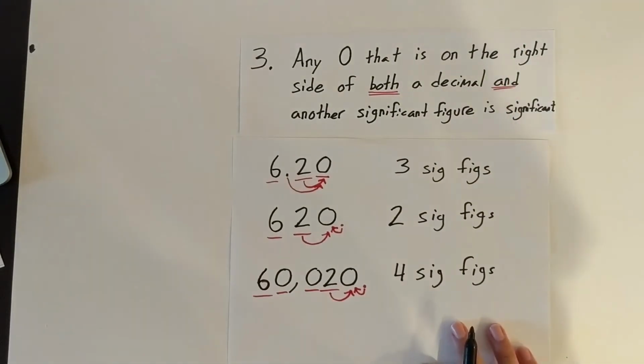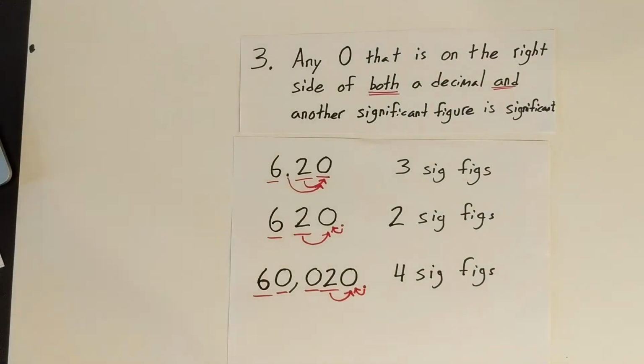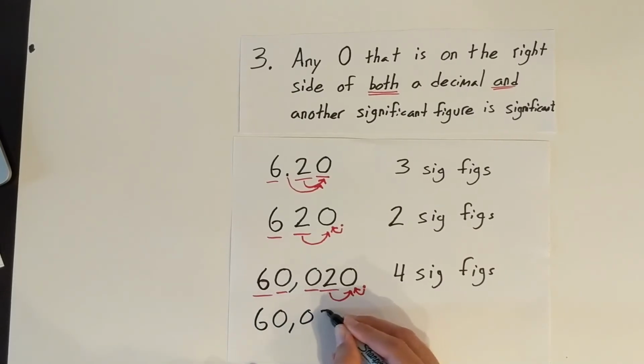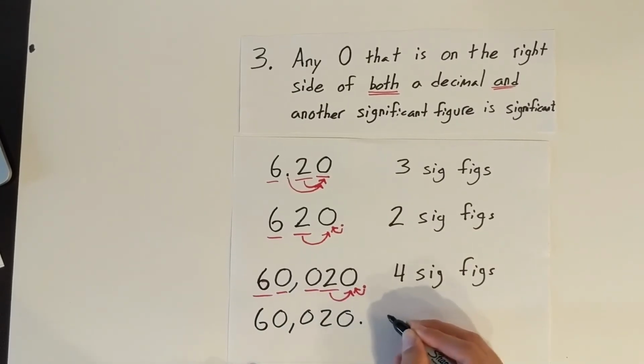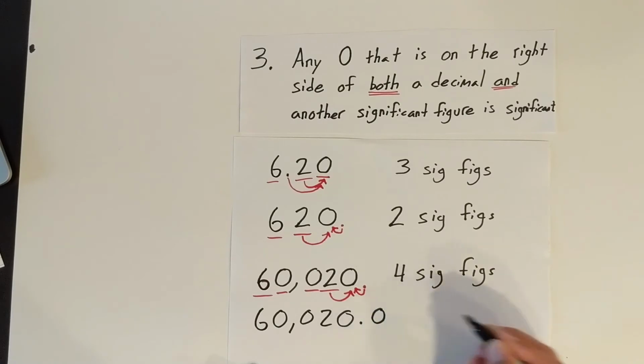And we'll do a few more. Let's build off these same numbers. So let's try something like 60,000 and 20.05.